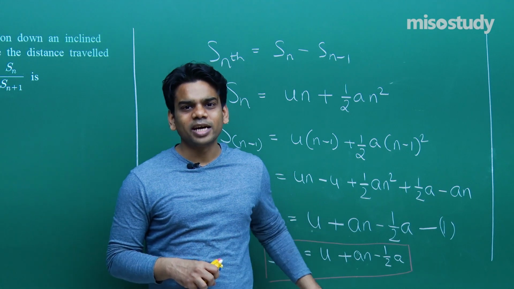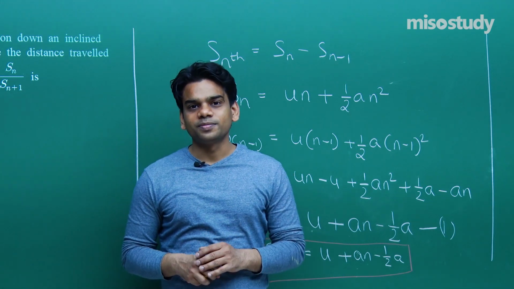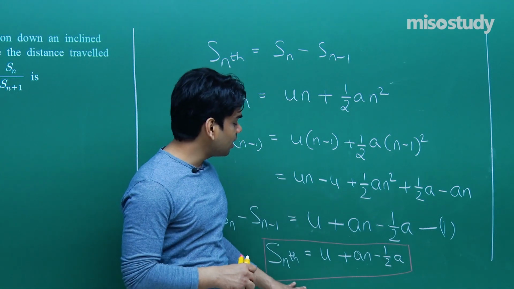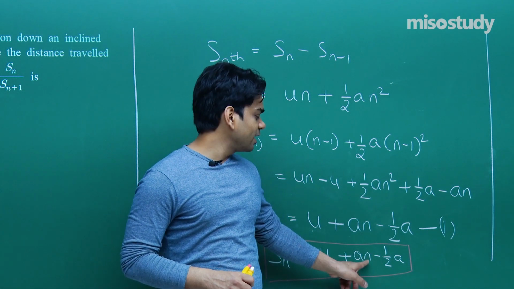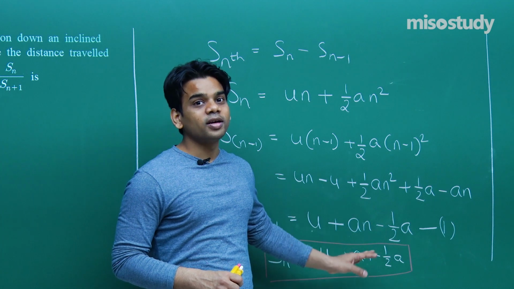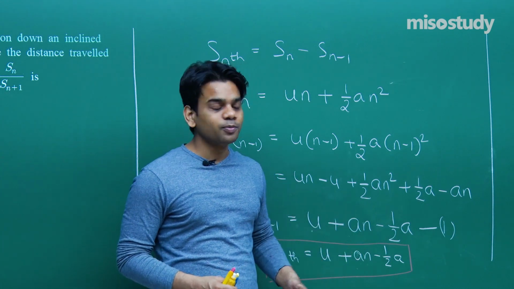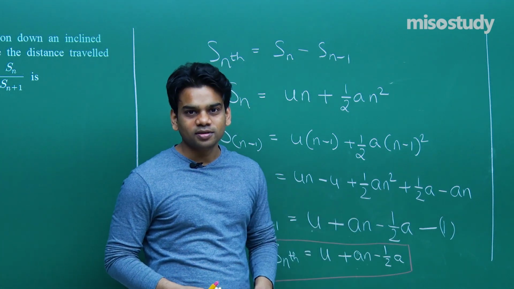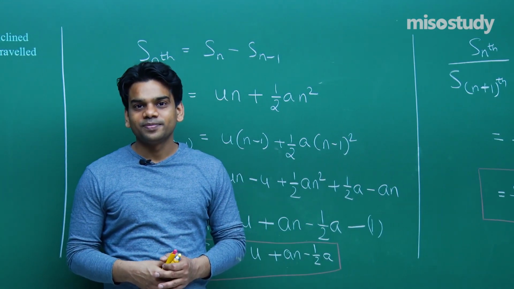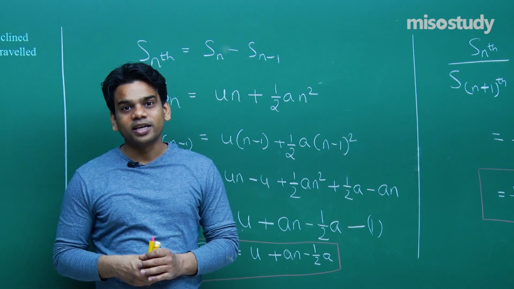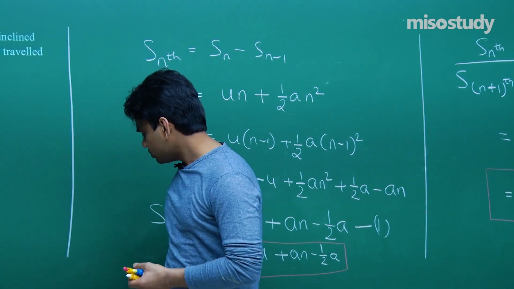It will take 1 minute, but you can save that if you remember the formula. This is how we did it. We knew the formula. For S nth, we put the value of n equals n, and for S(n+1), we put the value of n as n plus 1, and then we took the ratio and got 2n minus 1 upon 2n plus 1. This is how we can approach such kinds of problems.